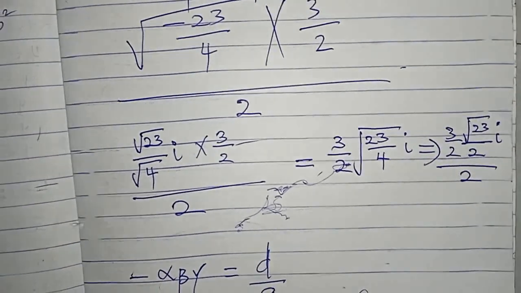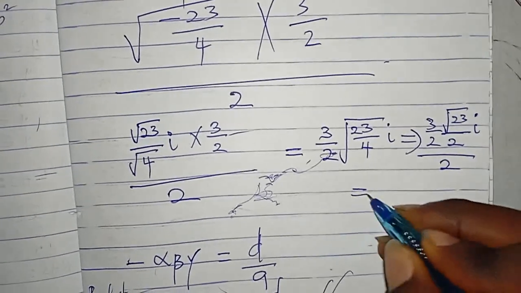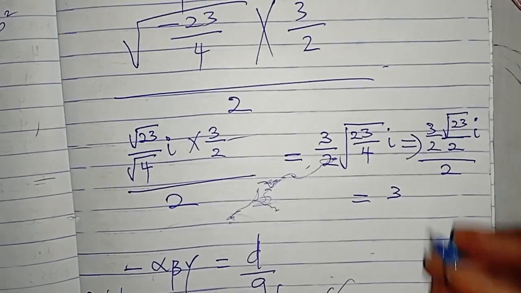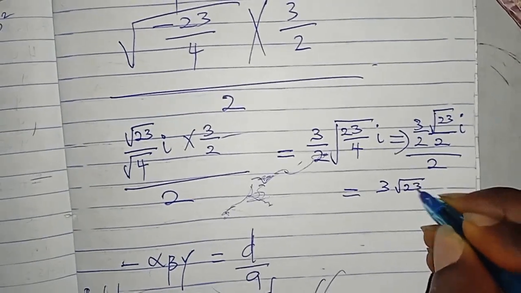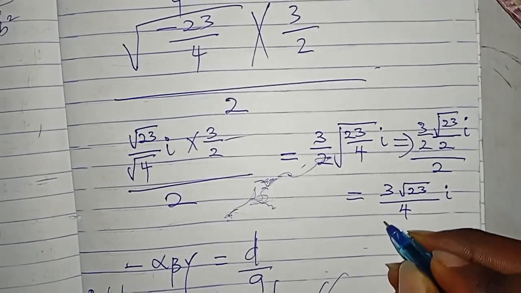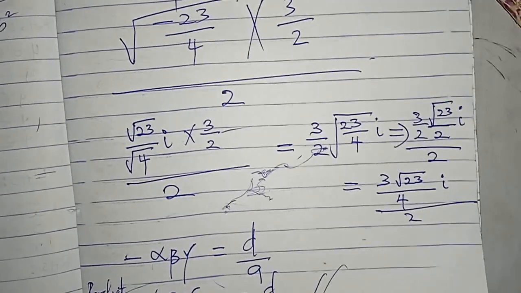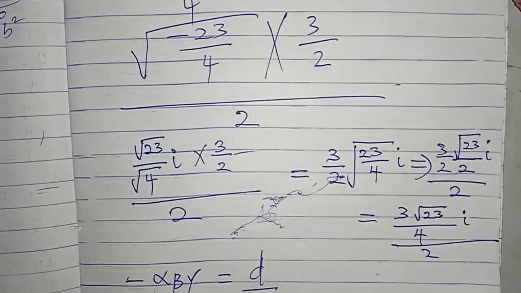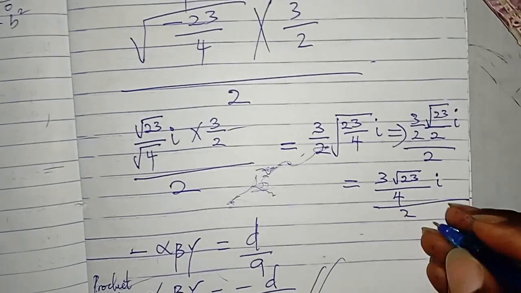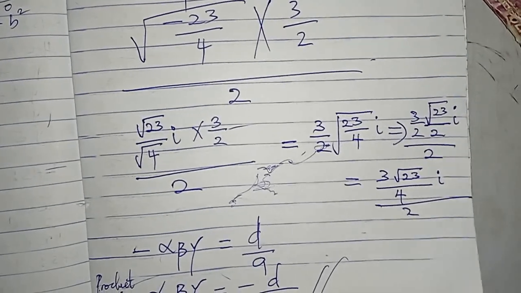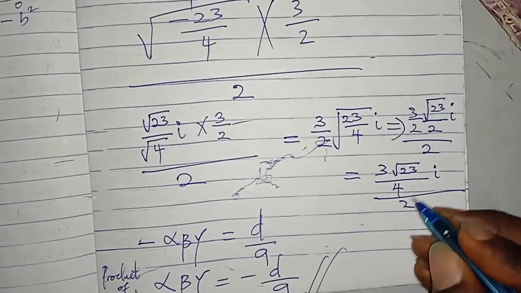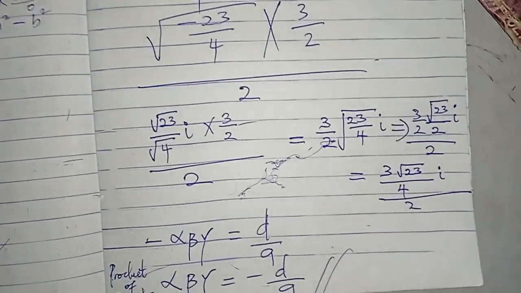And notice that this can be the same thing as saying 3 root 23 over 4i all over 2. Okay. I'm trying to see if I can go further. We are in the imaginary world, so I'm trying to see that I don't get us into trouble.